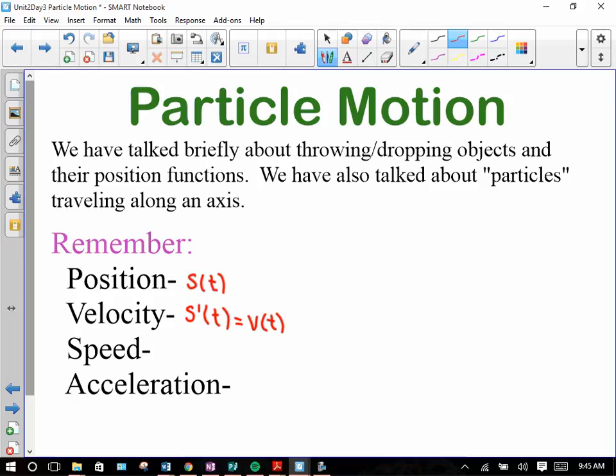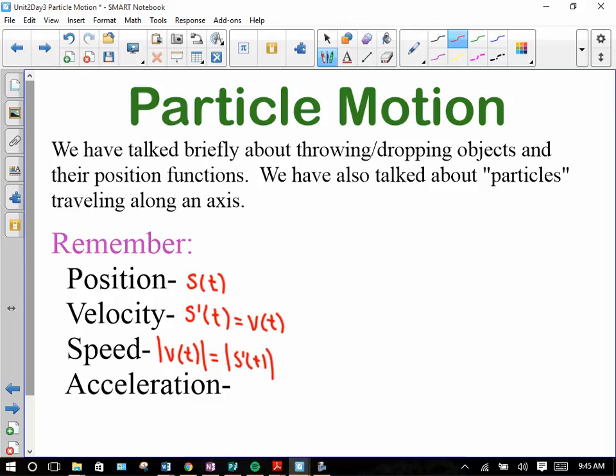If it's moving on the vertical y-axis and goes down, it's negative. If it moves on the horizontal axis, it's moving left. Now, speed does not have a direction associated with it, so it is the absolute value of v of t, which is also equal to the absolute value of s prime of t.